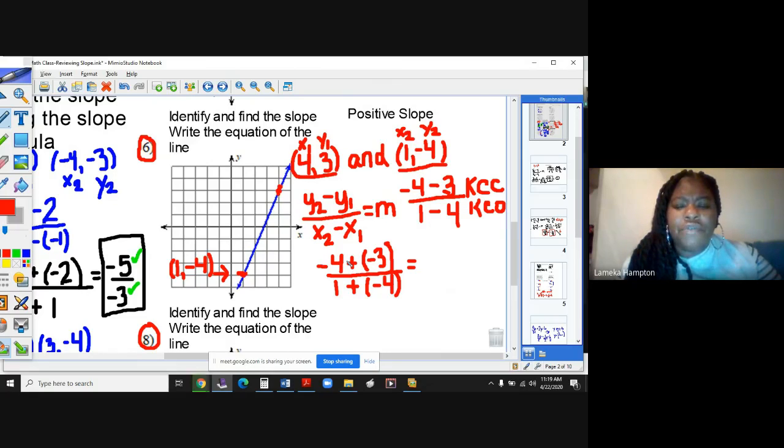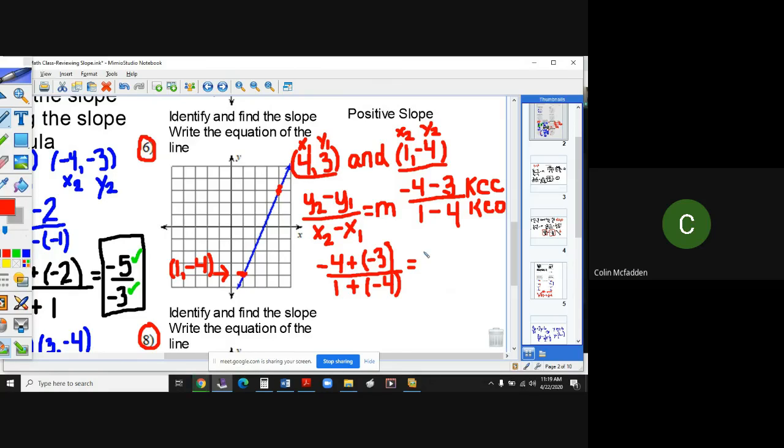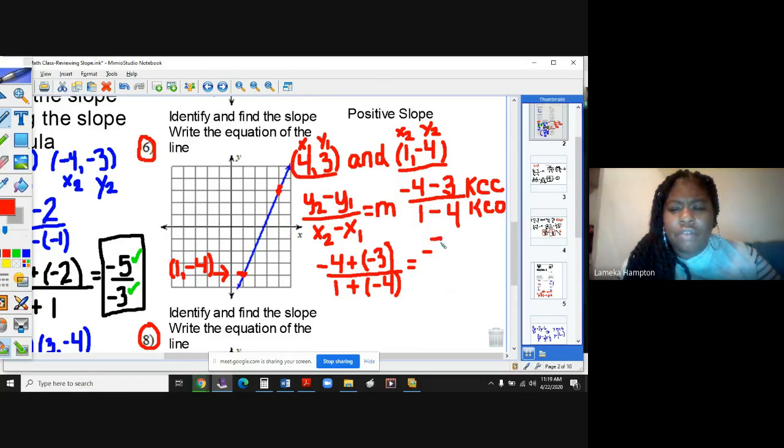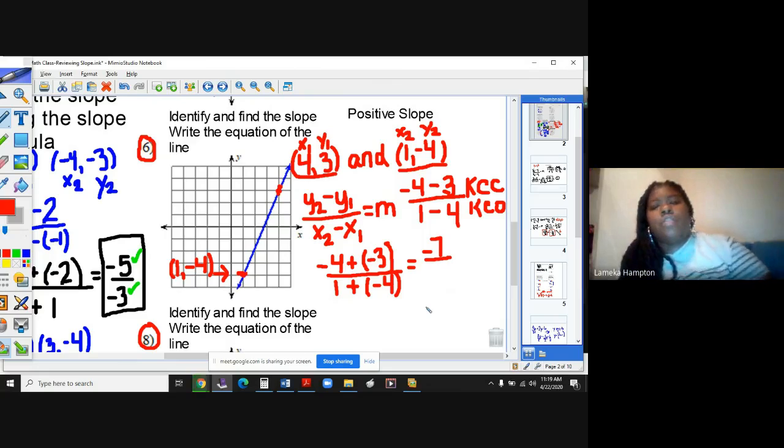All right, so now we're simply just going to solve. So we have negative 4 plus negative 3, and that gives us what? Negative 7. All right. And then I have 1 plus negative 4. And that gives me what? Now remember, if you have your calculators or your phones, please feel free.